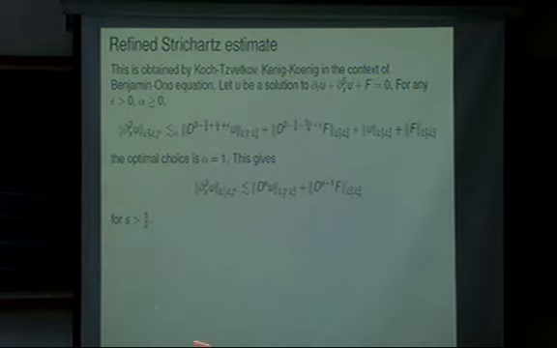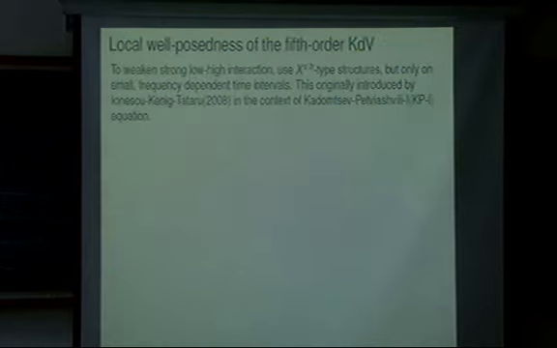So this is one story, and then I continued to work on that problem in quite a different setting to improve the regularity. The idea is pretty similar, but we discard the energy estimate and use the X^{s,b} type structure.